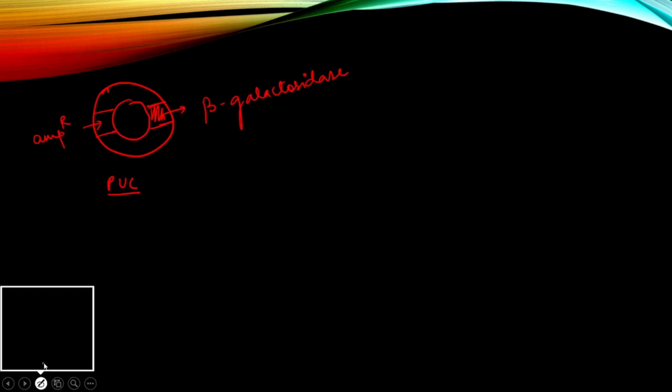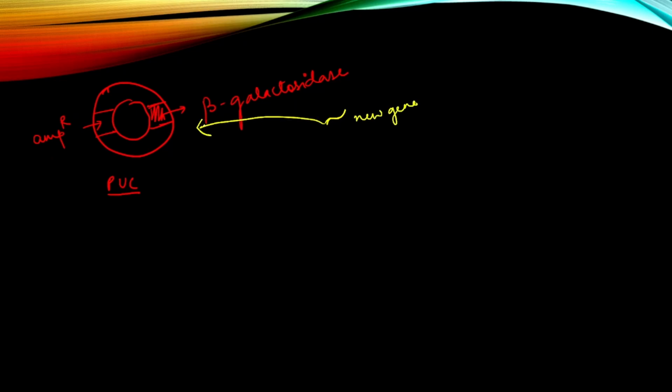Now suppose we have inserted a new gene here. This is a new DNA, a new gene. The new gene is inserted at the beta galactosidase site.